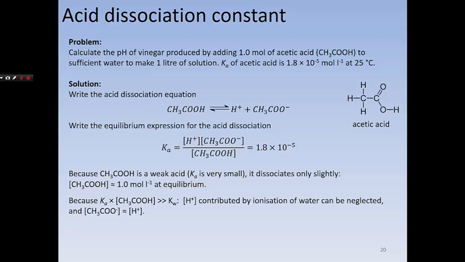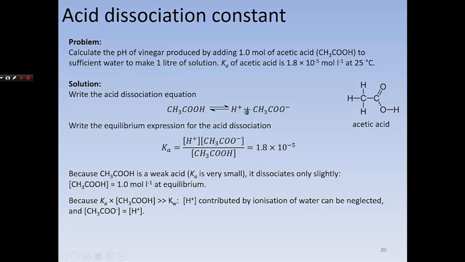The second assumption is about the relation between the hydrogen ion concentration and the acetate ion concentration. Hydrogen ion can be produced from two sources. One is the dissociation of this weak acid here, and the other is the self-ionization of water. The acetate ion can only be produced from one source: the dissociation of this weak acid.